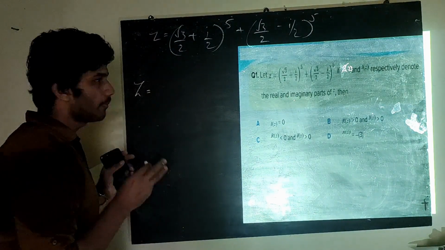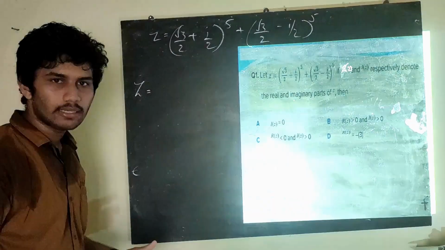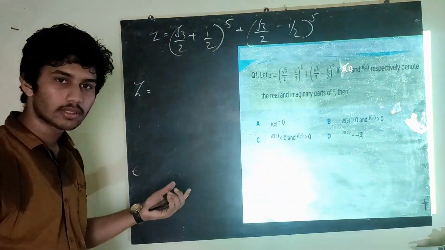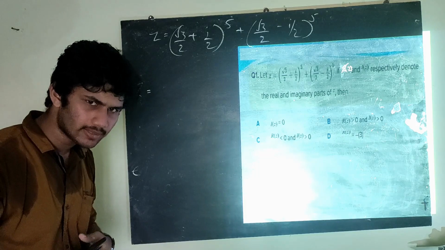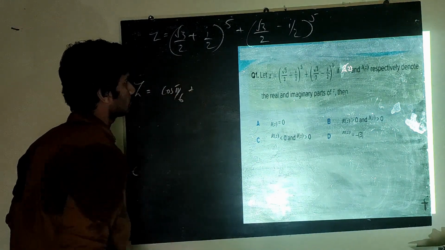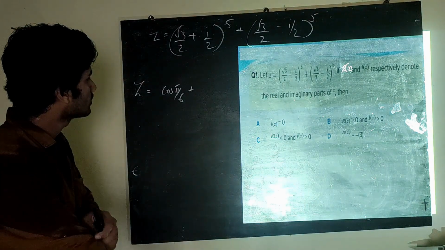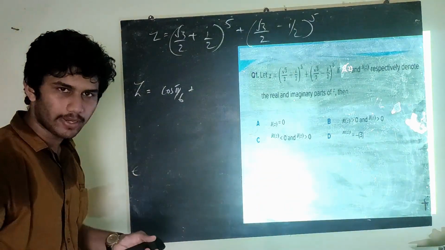Again, the Euler's form comes into play. Root 3 by 2 plus I by 2. Root 3 by 2, can I write as cos pi by 6, cos 30? Right? And what is sin 30? It's 1 by 2.